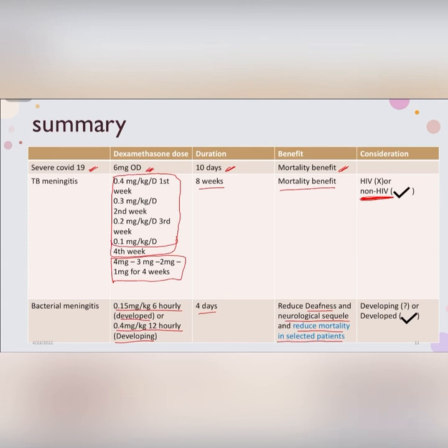But the data and evidence show it is beneficial in developed countries. It is still unclear for developing countries whether the benefits are sure or not. We cannot say clearly yet.